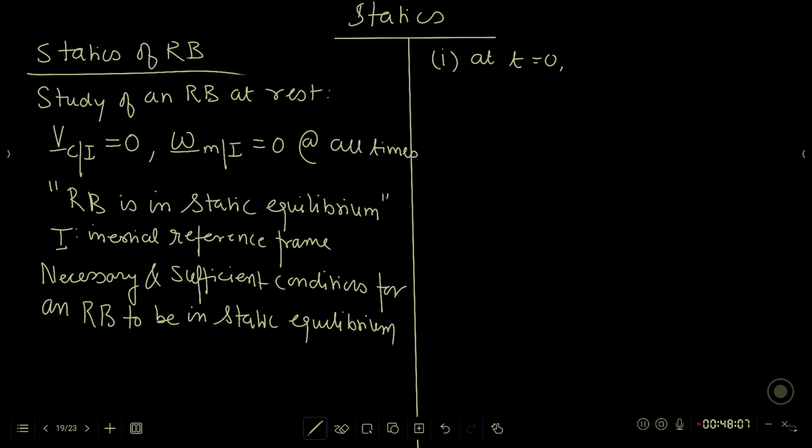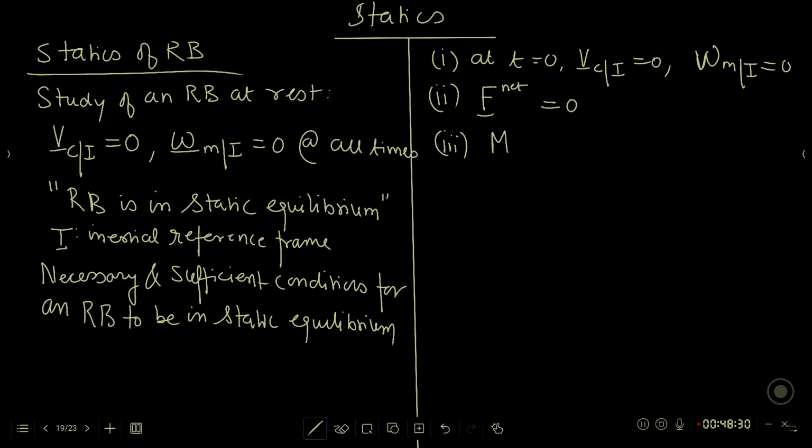And then F net acting on the RB should be 0. And the third condition is that the moment due to all external forces about any point A of your choice, any point in space, is 0. If these three conditions are there, the body will continue to be in static equilibrium at all times.